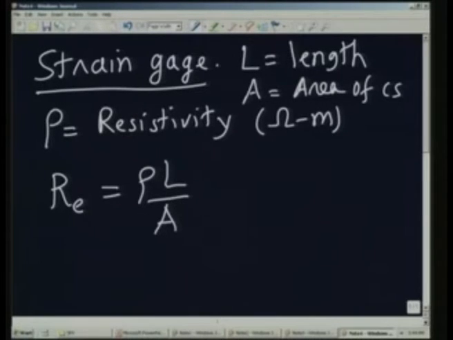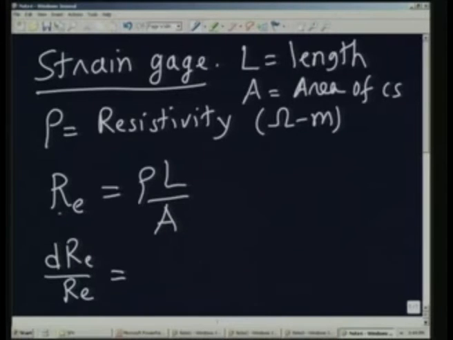So, now what is the change in the resistance? I can again use a logarithmic differentiation. If you use logarithmic differentiation, you get dRe by Re. What do you mean by logarithmic differentiation?